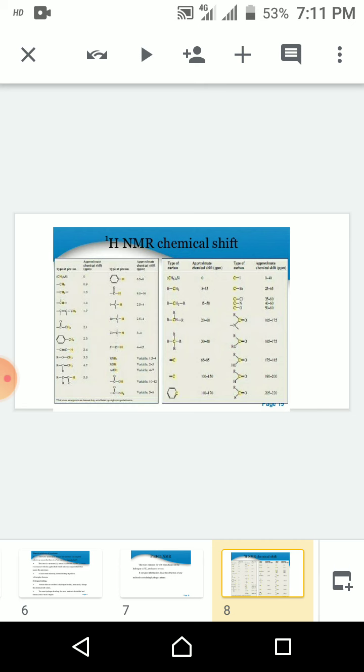Through this table, you can understand the types of the carbon, the chemical shift of compounds in ppm, and the appropriate range of the chemical shift in ppm.